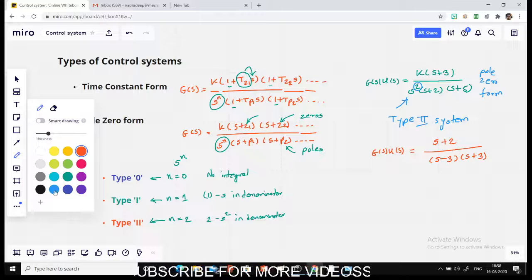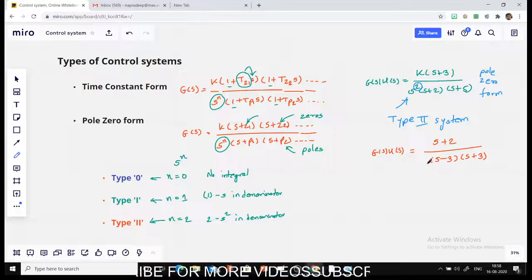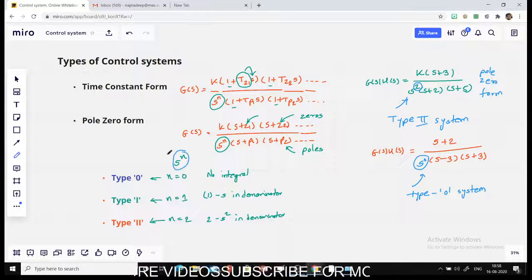The only thing is there is no term of s in the denominator, that means there is s raised to 0, and s raised to 0 means this is type 0 system. It is as simple as that. You can easily identify type 0, type 1, type 2 system depending upon the value of s raised to n, which is in the denominator of your pole zero form or time constant form.